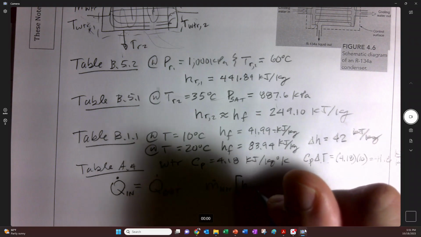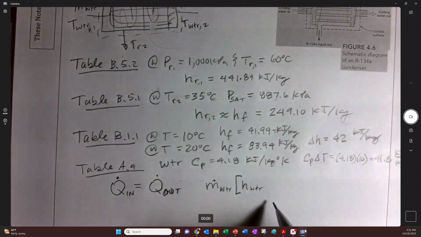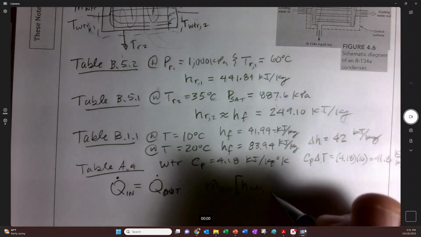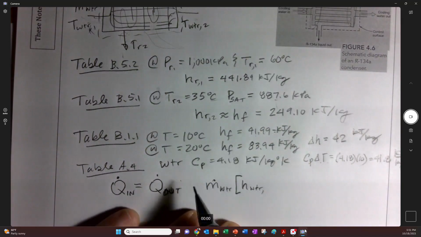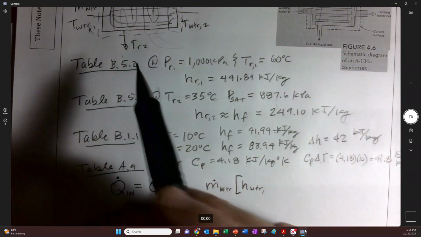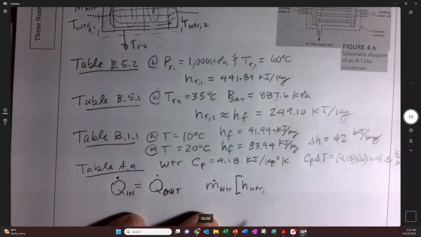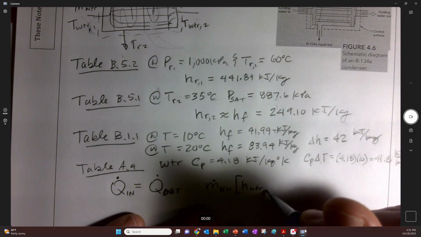Now, you can start playing around with positives and negatives here if you wanted to. Most of the time, you could just know that one of the temperatures is going to go up, one of the temperatures is going to go down. So you don't have to necessarily worry about the negatives, I don't think.